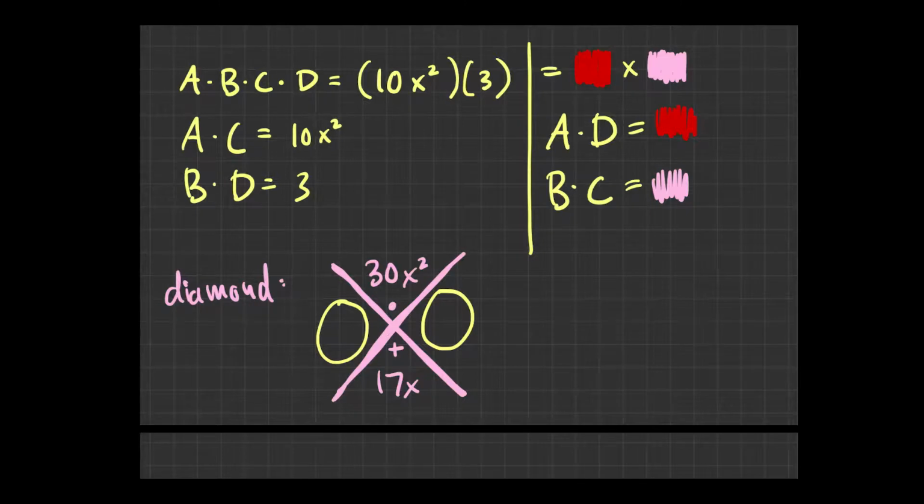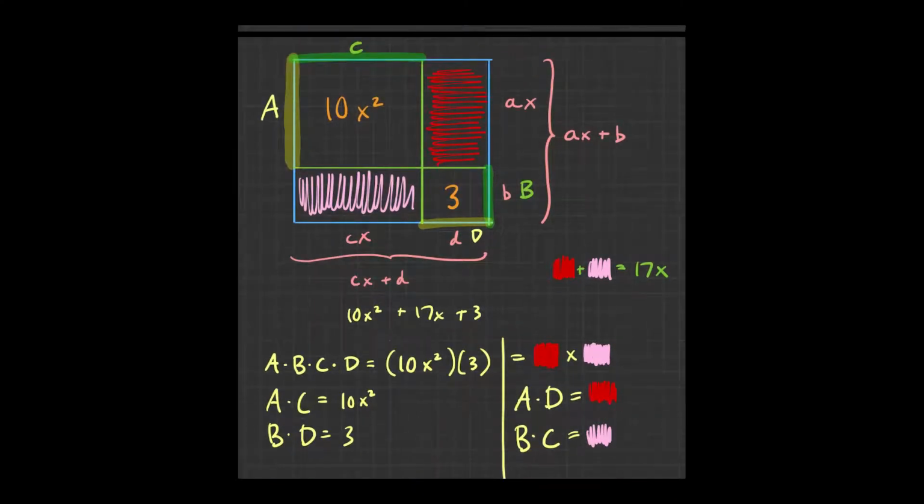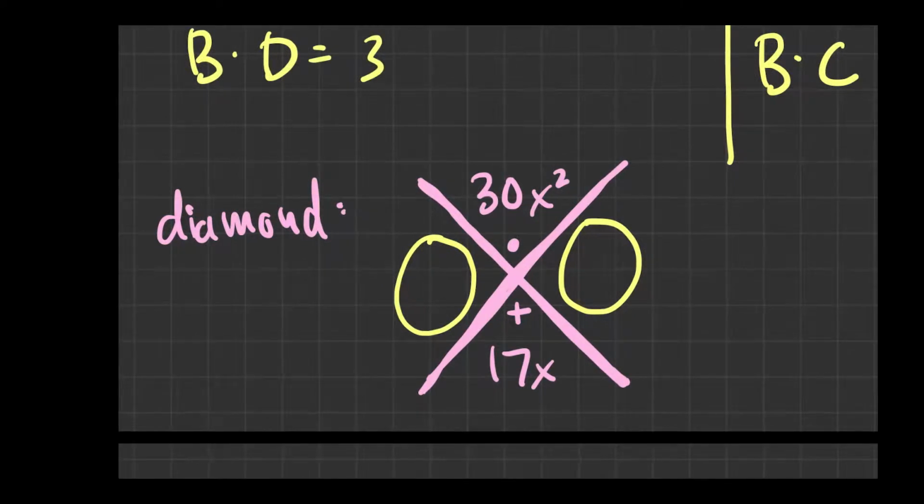Remembering that when I multiply these two numbers together, like A times C times B times D, I get this area. But when I add these two together, I'm going to get whatever this area is. So our goal here is to fill this in such a way so that when we add these two numbers together, we get 17x, and when we multiply these two numbers together, we get 30x squared.